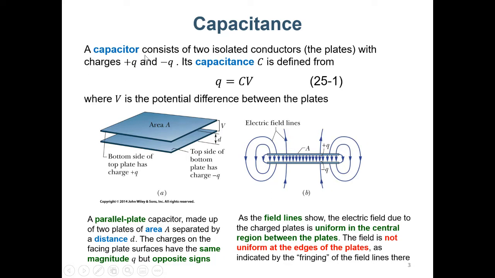So here, a capacitor consists of two isolated conductors with charge plus Q and negative Q. Its capacitance C is defined from Q equals CV. Q equals CV. So this is a very important equation for the capacitance.